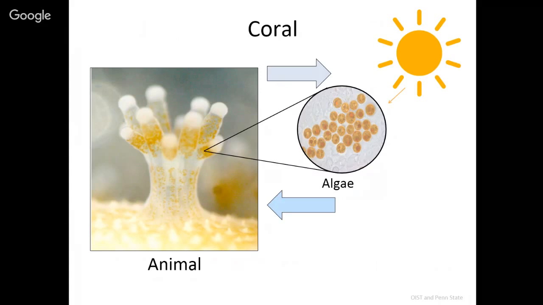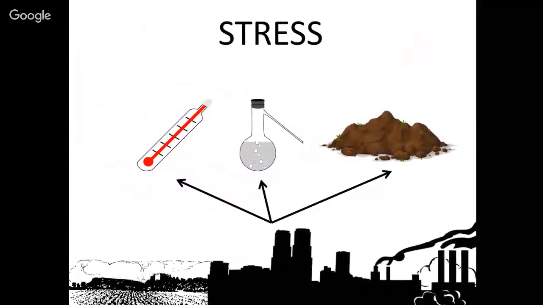And you might have heard something about this before: climate change and stress. We humans have a big impact on the environment. This has to do with the way that we create energy, our transportation system, the way we create food. And a lot of these methods can have drastic effects on the ocean environment.